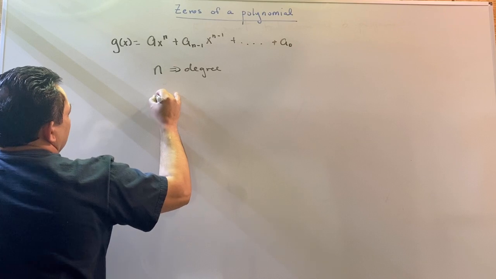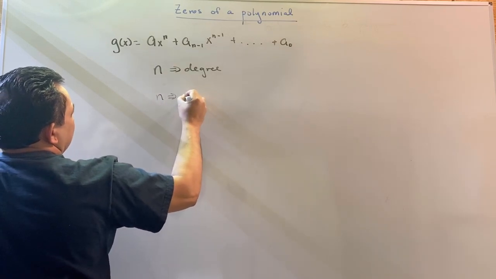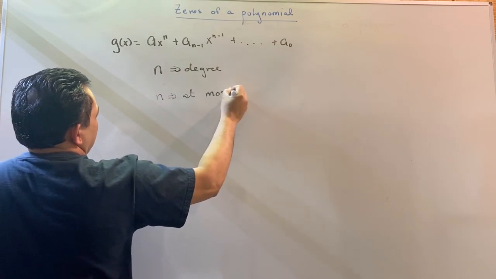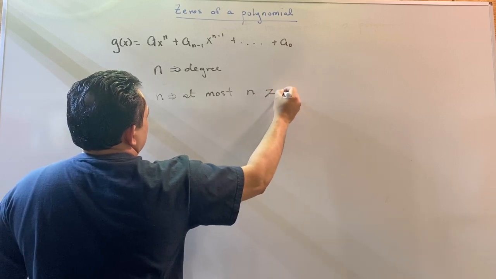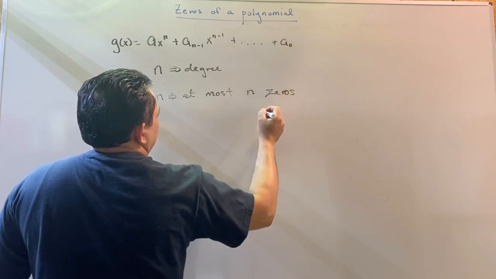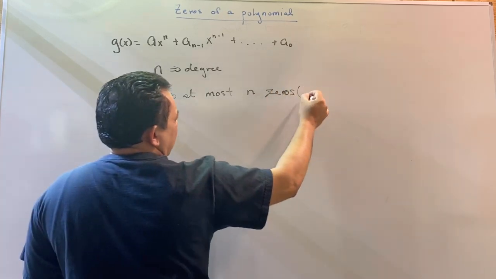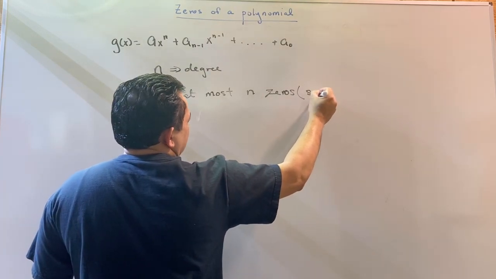So n will tell us at most n zeros of the polynomial. And keep in mind, when we talk about zeros, we're looking for solutions.